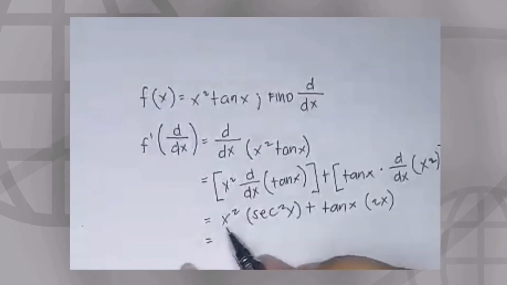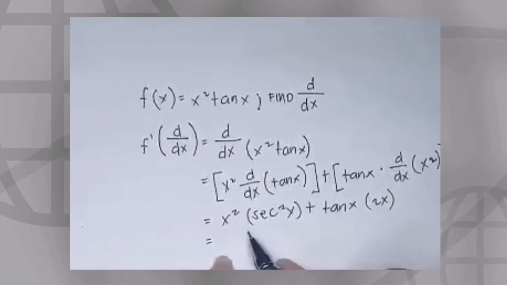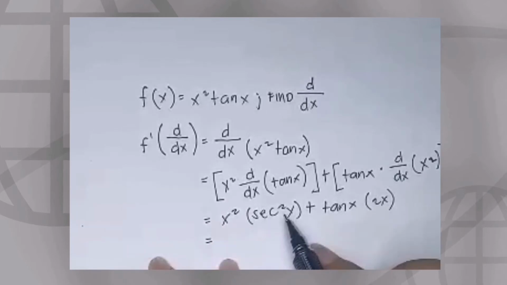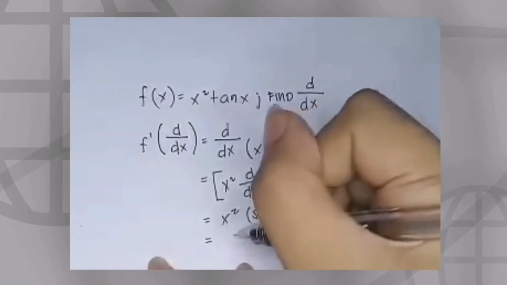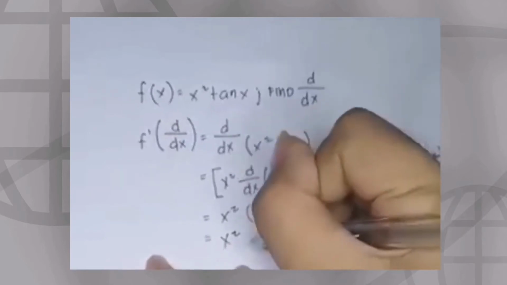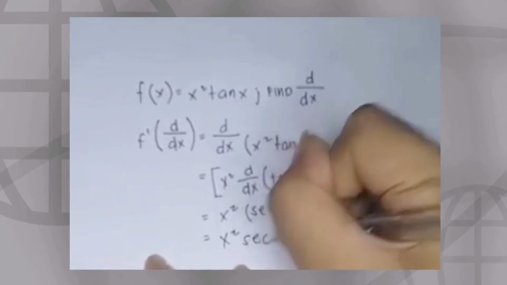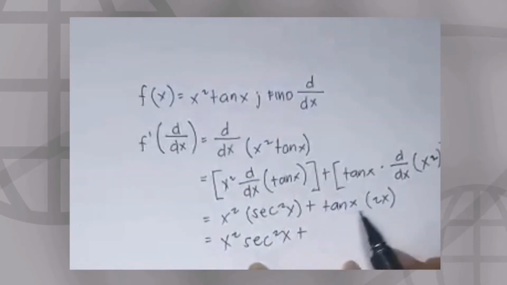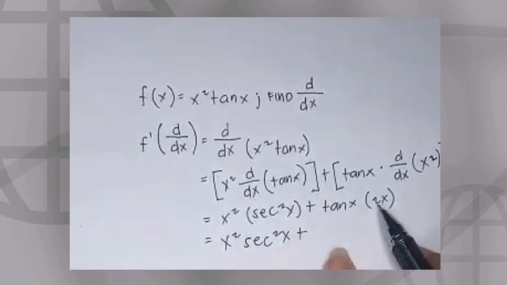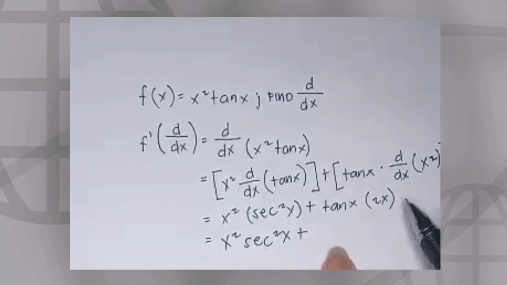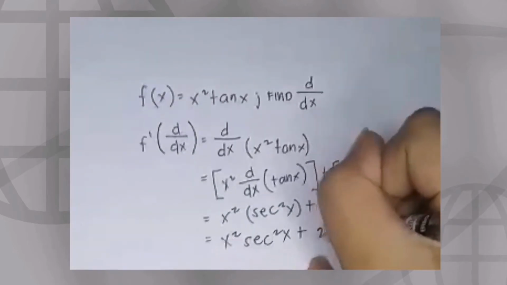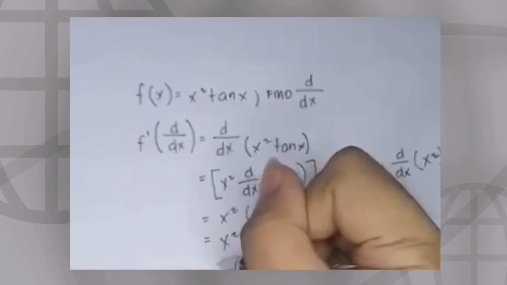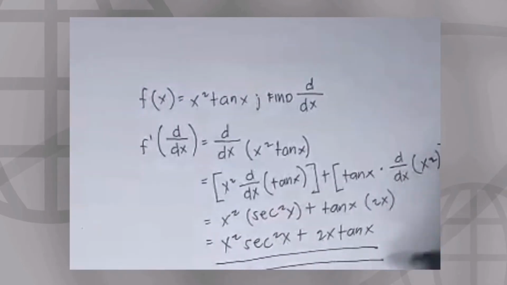So x squared multiplied by secant squared x equals x squared secant squared x, plus tan x multiplied by 2x is equal to 2x tan x. So this will be the final answer.